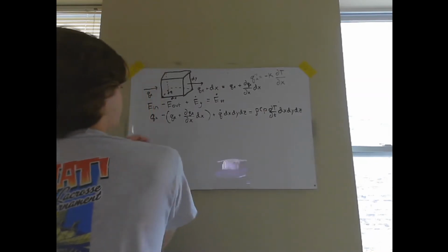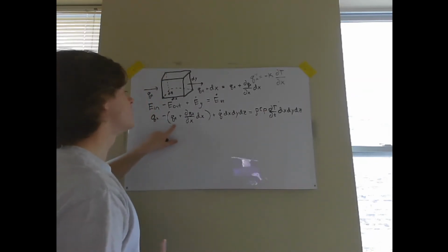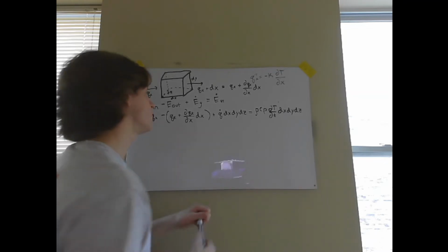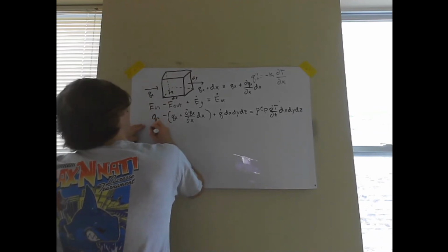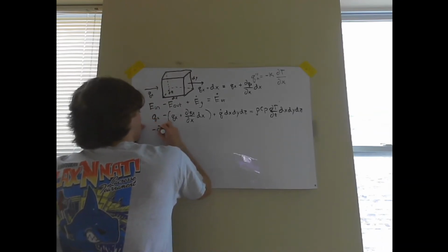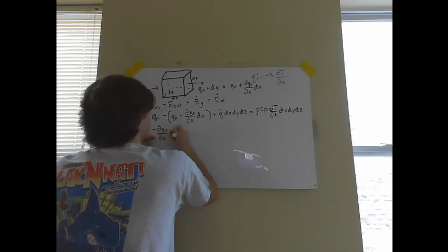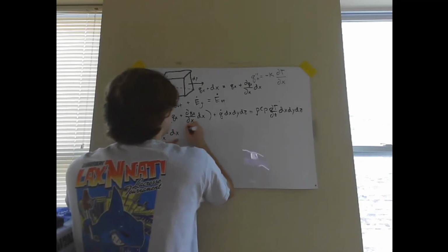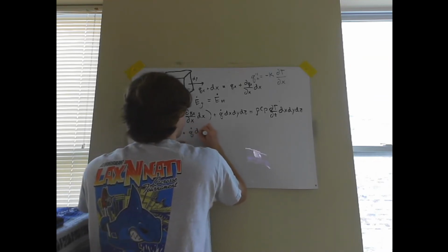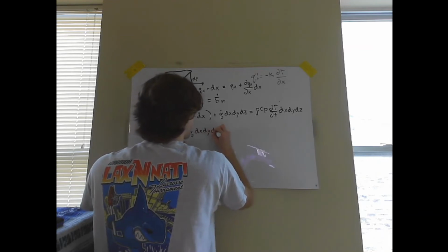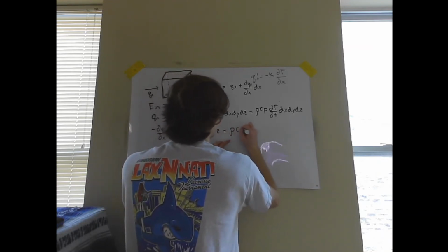All right, so from here, these two terms are going to cancel out because it's the heat flow minus the heat flow. That'll just give us 0. So I'm just going to rewrite the equation with that. And so we're left with a negative sign, the partial derivative of our heat flow with respect to x times our distance plus our energy generation rate equal to our energy storage rate.